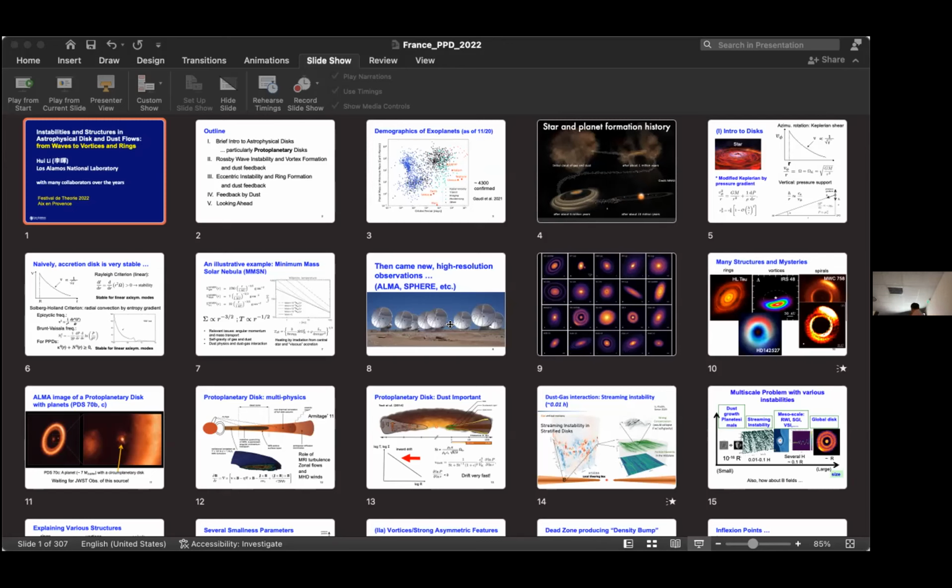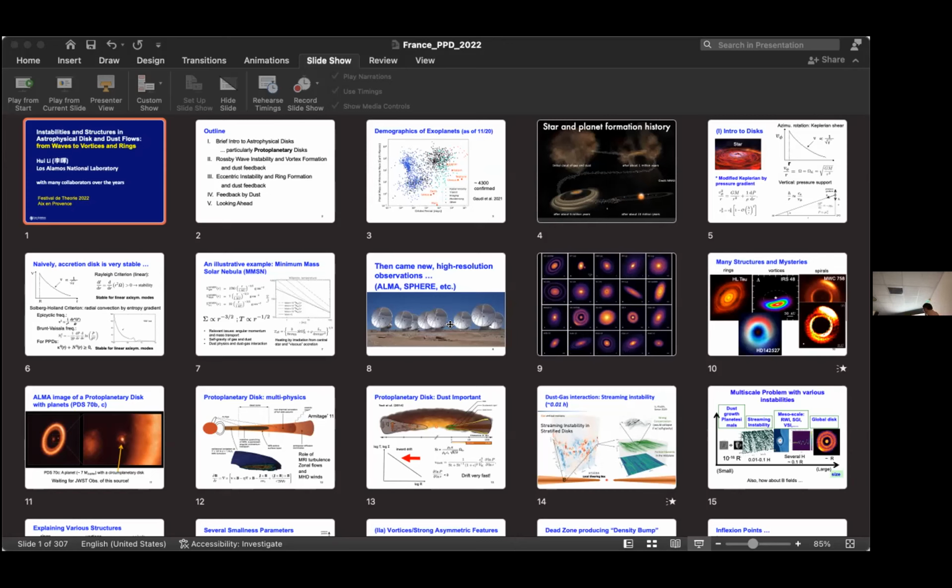Okay, so I'll briefly start with some introduction on the disk and particularly protoplanetary disk, and just think of this word as planet-forming disks, as planet formation is becoming one of the really booming astrophysical fields, and there's a lot of work going into that.